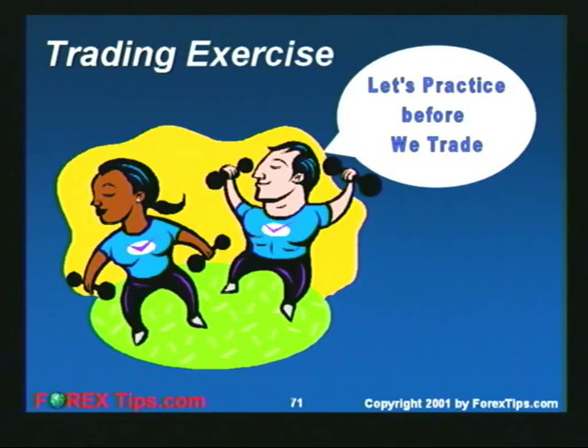As you go in and you practice these techniques, you are allowed to practice on that demo account. We highly recommend that you should only open up your real account after you have become proficient in your demo account. Once again, doctors operate on cadavers first before they operate on live people.